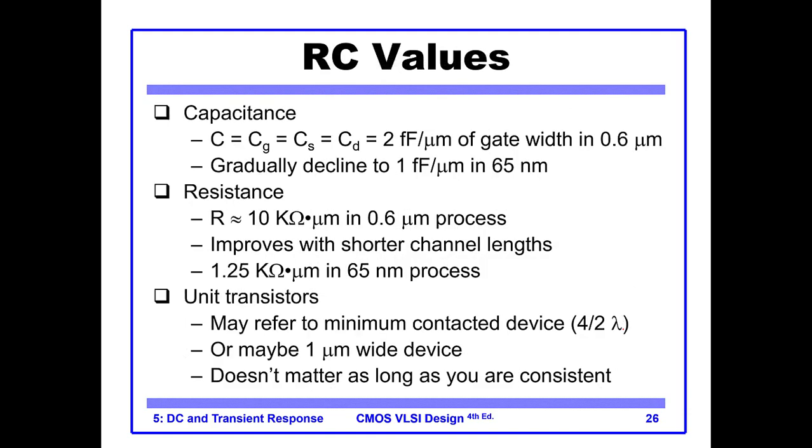Okay, so this slide gives you the typical values for different capacitors. For example, when the gate width W is 0.6 micrometer, the CG, CS, CD is 2 femtofarad per micrometer of the gate width, and for 65 nanometer technology it is 1 femtofarad per micrometer.